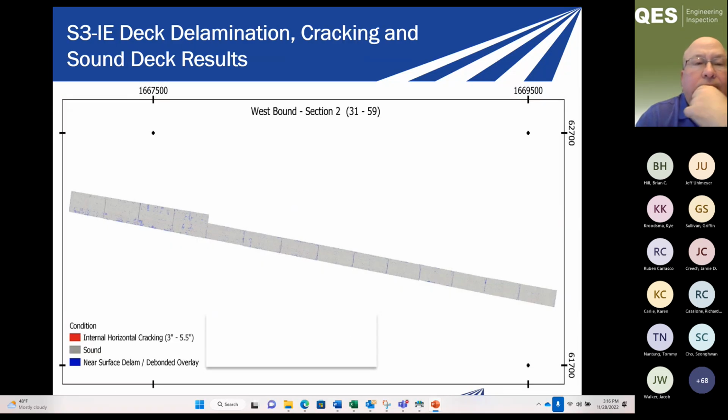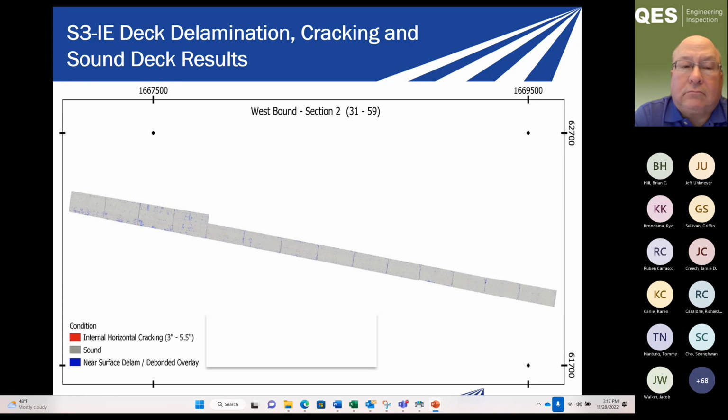Go ahead, next slide. So this is just an example case study result with the implementation of the GPS. This is showing the data results of a concrete deck with an overlay that we were looking at the condition of. You can see where the gray is all basically good.